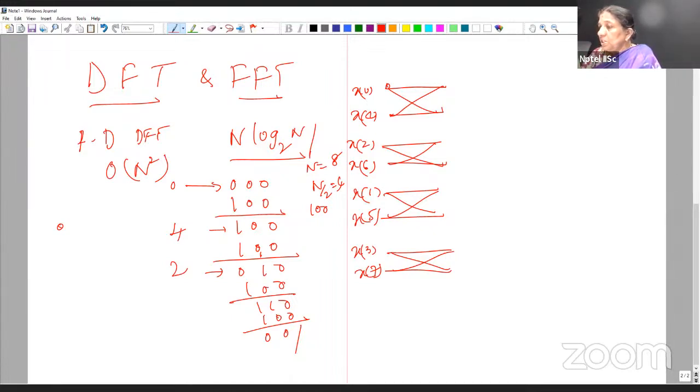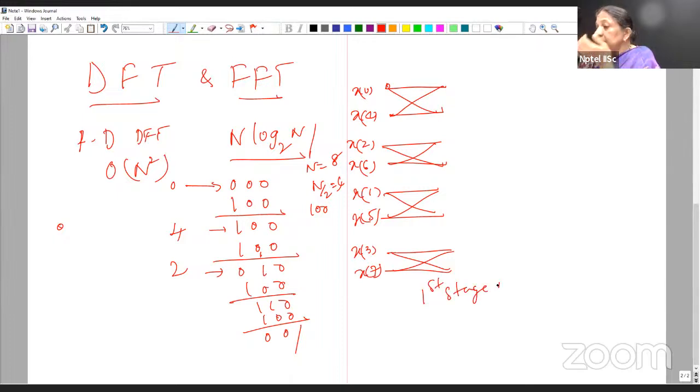As we know, in the memory locations x0 to x7 are stored continuously, but we want to access them in a different order. We need not spend much time on it, because in the hardware the bit reversal access happens automatically, and I'll be taking the data this way. Then we'll be combining; this is the first stage we looked at.